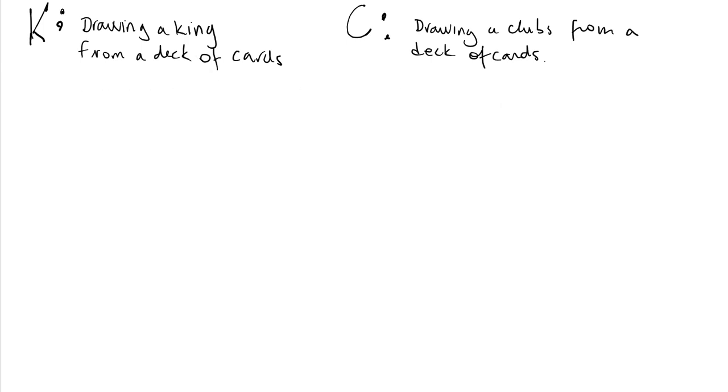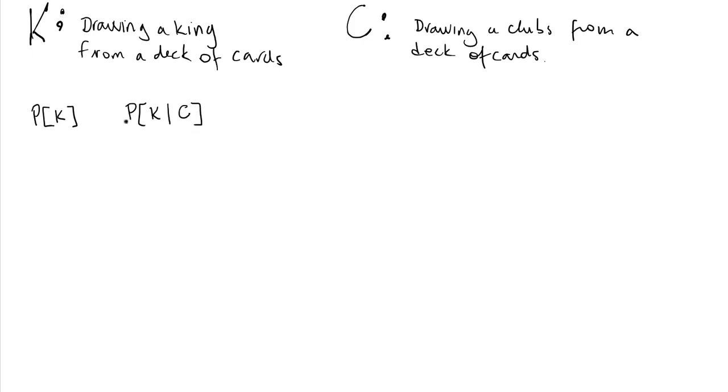So let's reason. The probability of drawing a king was originally what we call a prior, so we didn't have any event happening first. Now let's think about what would happen with the probability of drawing a king, given that I've drawn a club first.